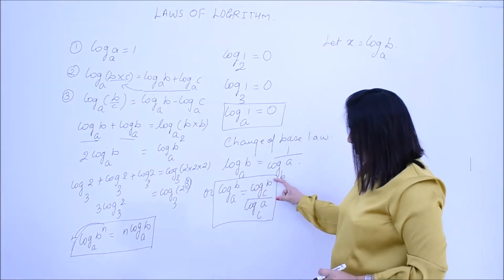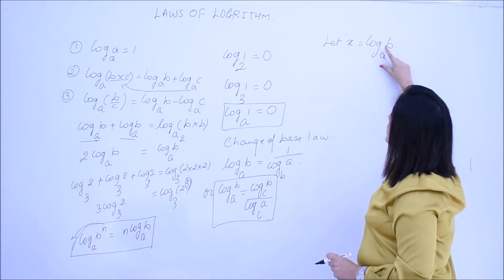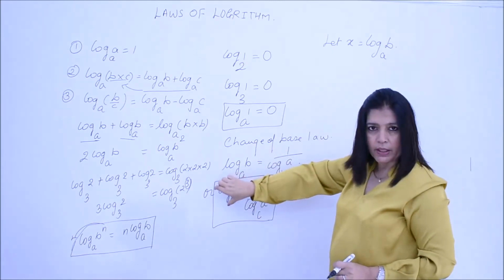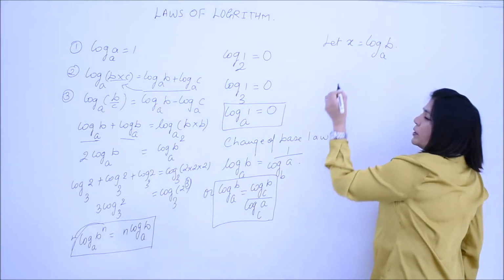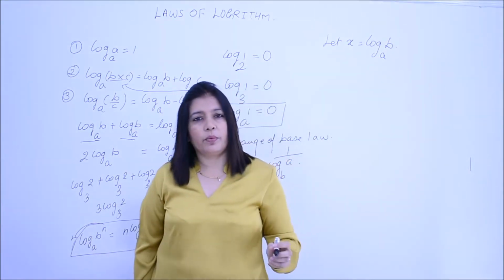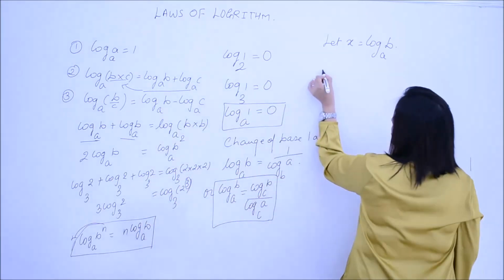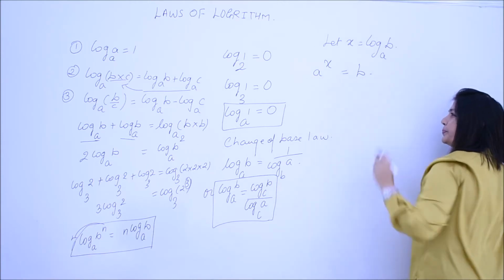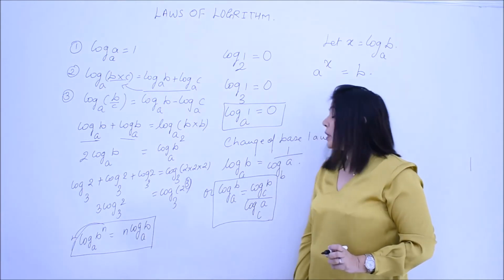To derive this, I am assuming x is equal to log to the base a of b. This is the LHS of our result. Now let's write this in exponent form. We write a raised to x is equal to b.